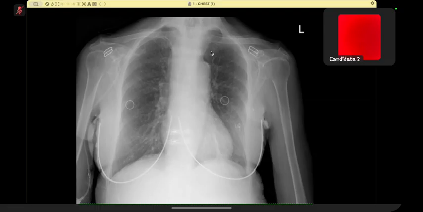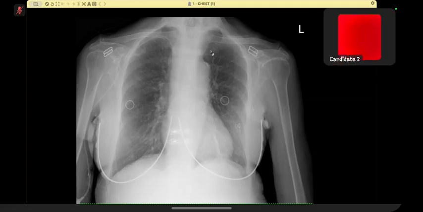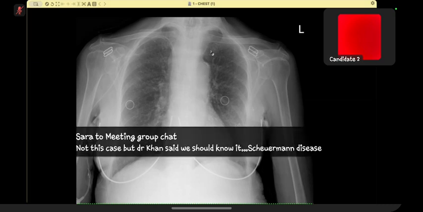Otherwise, in the rest of the X-ray, I'm not seeing any obvious nodules in the lung fields. Any other finding in the mediastinum? In the mediastinum, I can see that there appears to be a tubular kind of shadow.